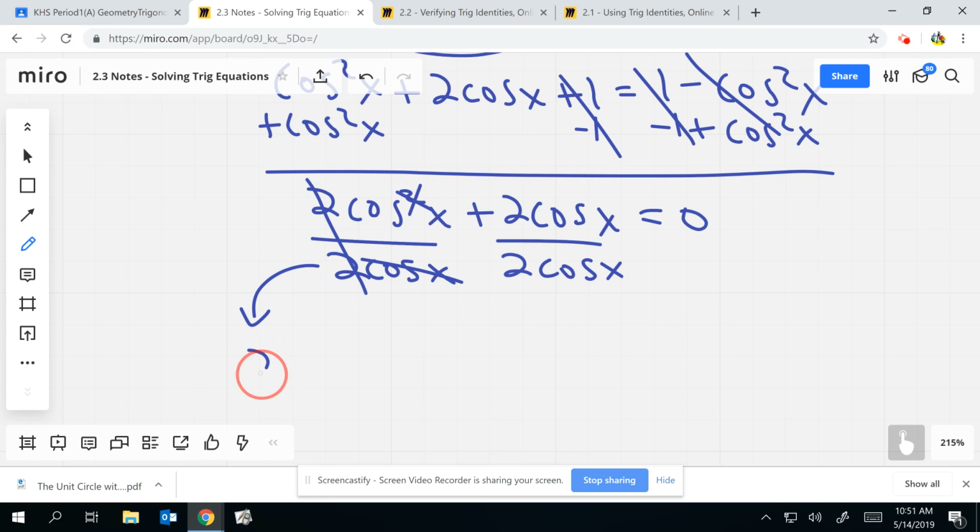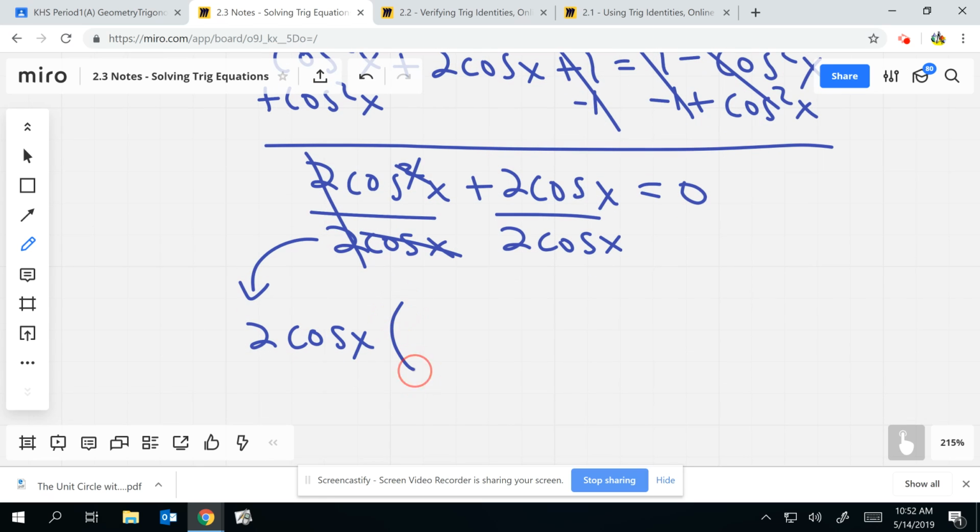So my GCF is a 2 and a cosine. What's left over would be just a cosine. Not 2 of them. We had 2 on top, but 1 of them got canceled out. So you just have the 1 cosine left. This right here was your GCF. That 2 cosine is what's coming out of both. Here, everything cancels out. And what happens when everything cancels out? It's not 0, it's 1. When you have the same thing on top and bottom, it's always going to be a 1.